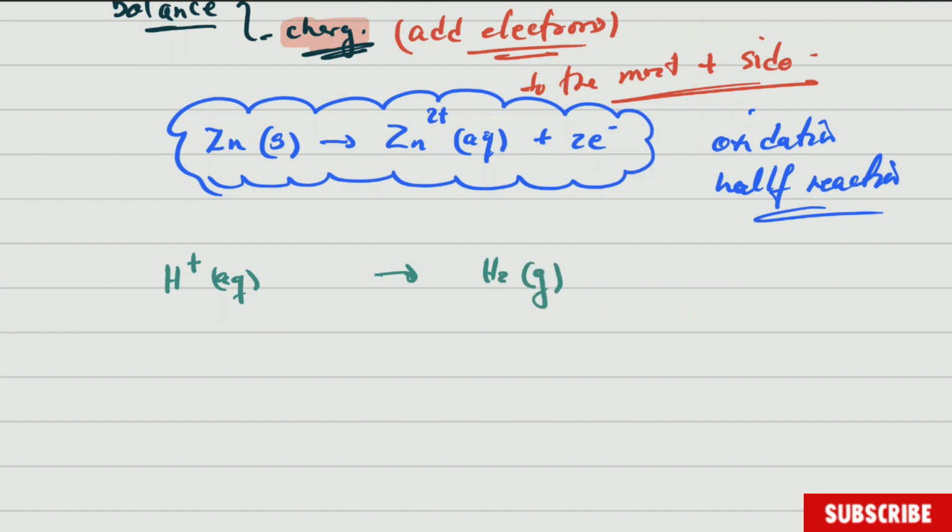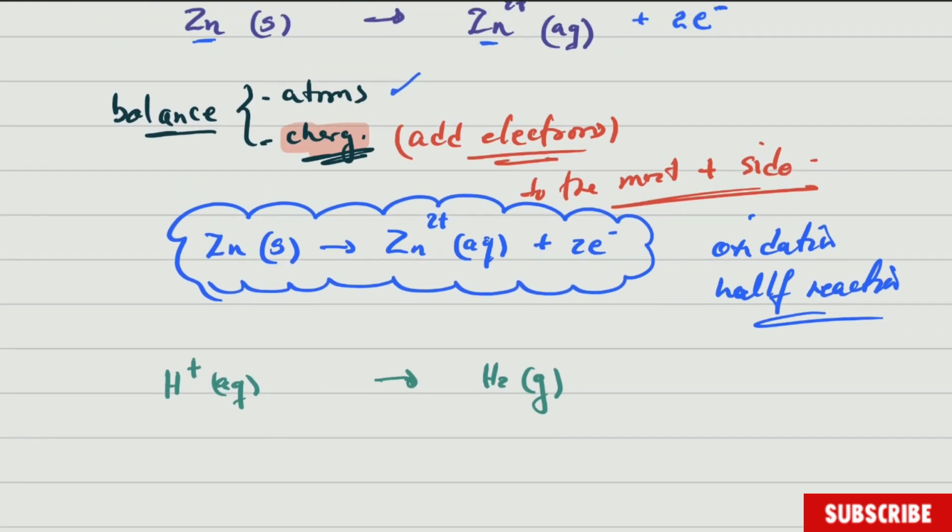Guys, here is what we have, and we have to balance. So we are first going to balance the atoms. On the left hand side you have one hydrogen atom, ion, and on the right hand side we have 2. So we fix this by writing 2 at the front of the H. Now it is balanced.